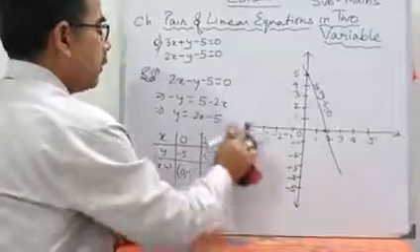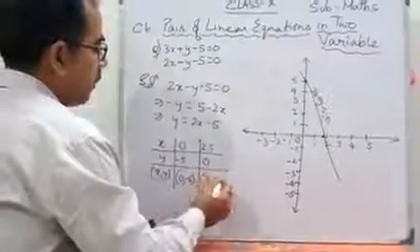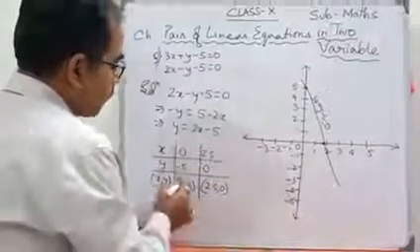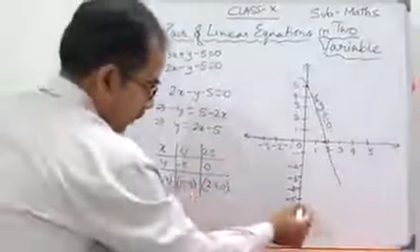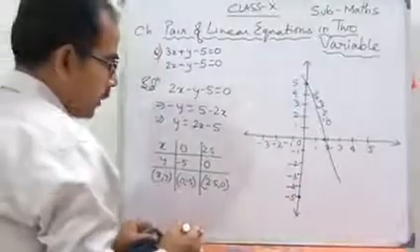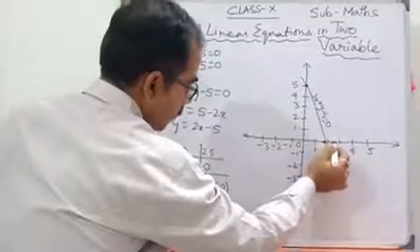Correct? Okay. That means the coordinate you are getting is 2.5, 0. So first one is 0, minus 5. That means this one. Yes, students? And next one is what? 2.5. That means this is 2 and this is 2.5.